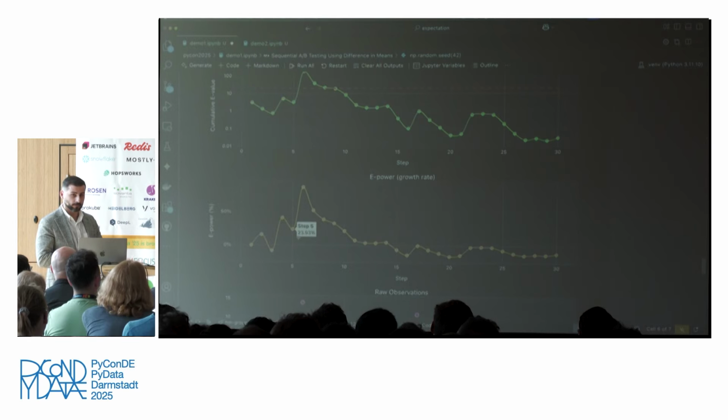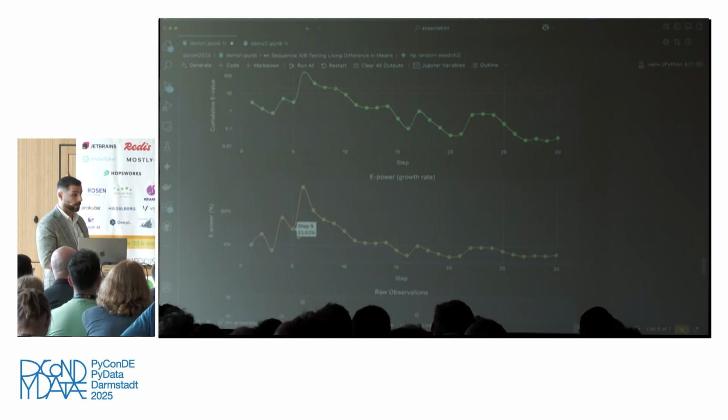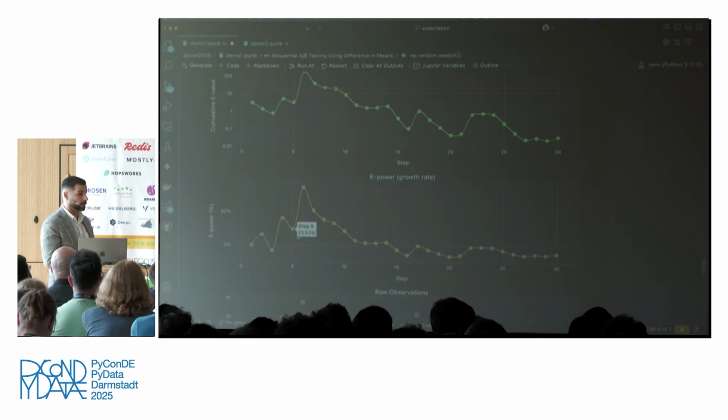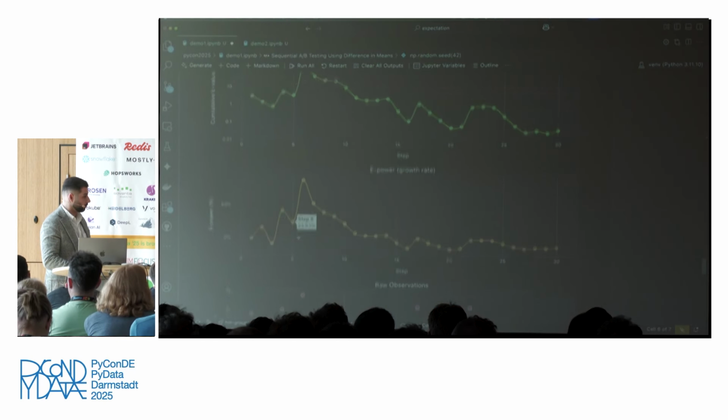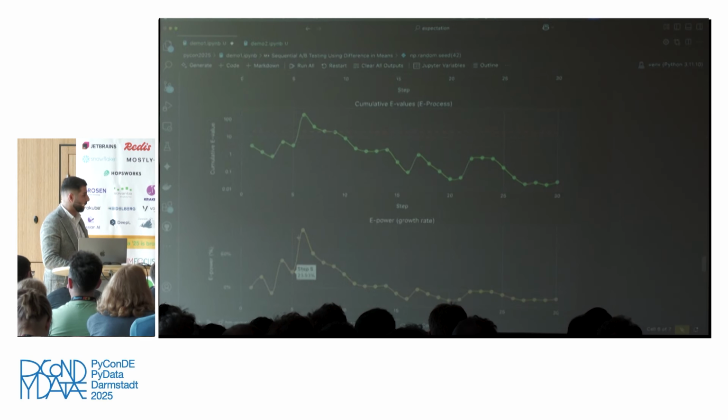That's what it tells you. If you have high e-power, it tells you that you have enough evidence, or at least the strength of your evidence is very powerful. You could probably just quit the test or quit the experiment. So they give you another story here. These are the raw observations.